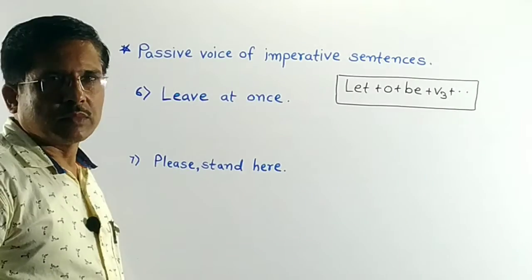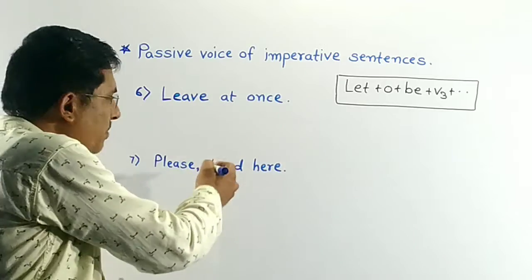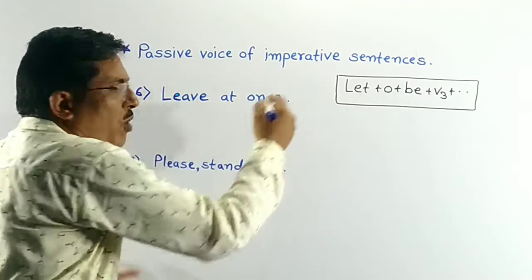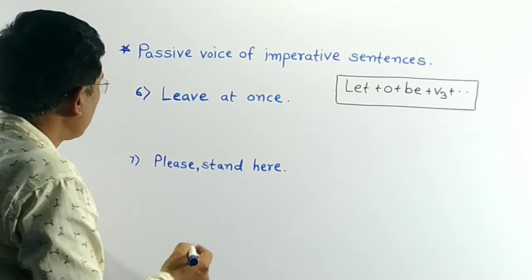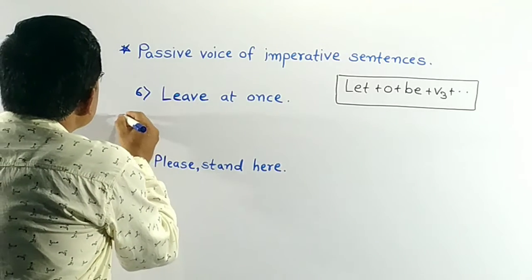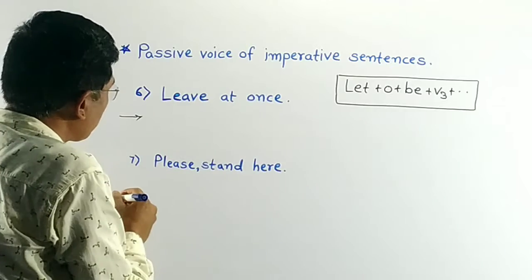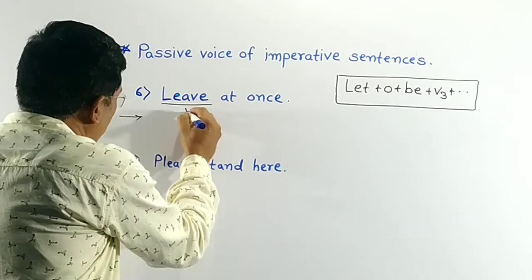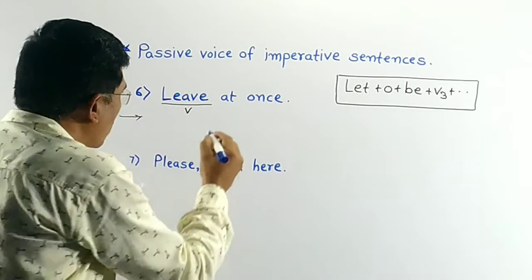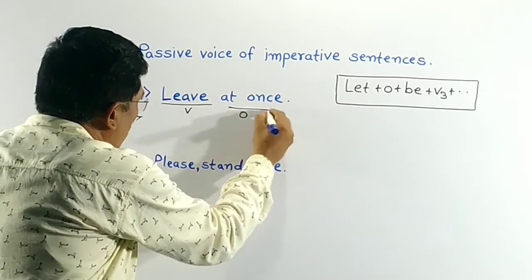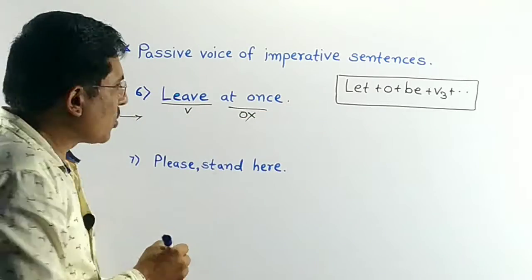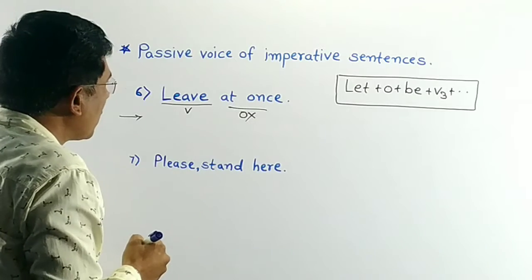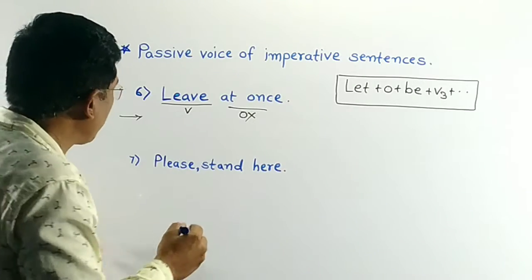See, these two are also imperative sentences, but we can't use this formula. Now let's change this sentence into passive voice. See here, this is the verb here, but object is absent, there is no object. So we can't use this formula. Then how can we change the voice?